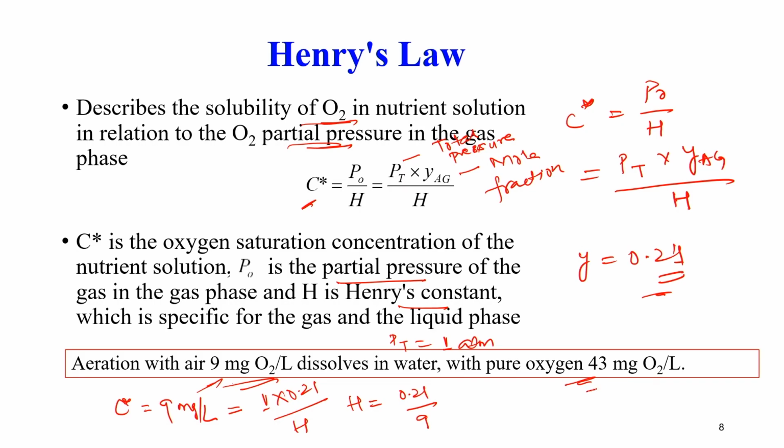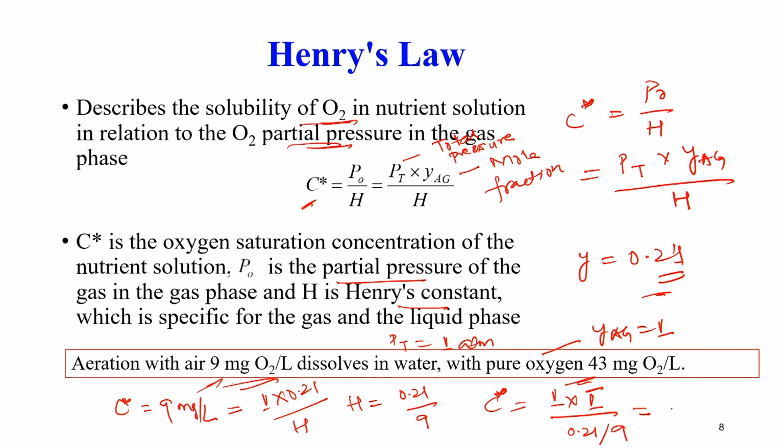Now, if I want to calculate the solubility when I am supplying the pure oxygen, the mole fraction is now 1. So, C star will be total pressure 1 into 1 divided by Henry constant. Henry constant is 0.21 divided by 9.